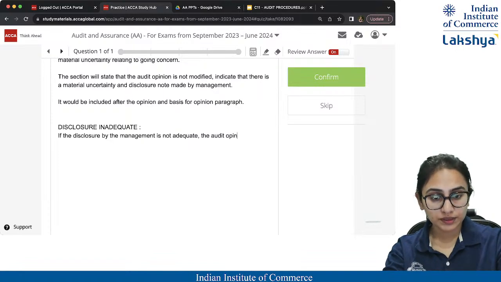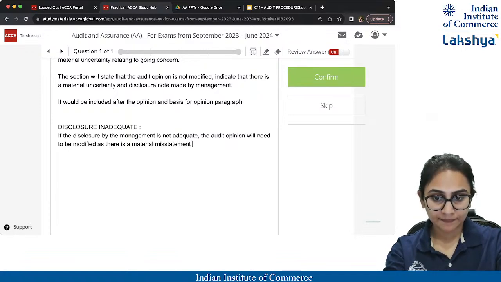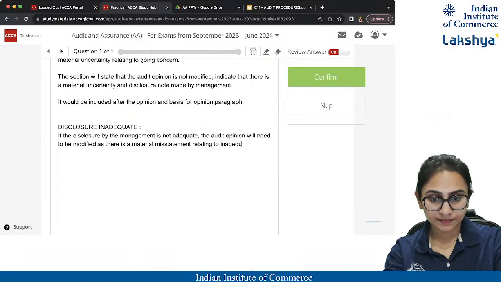Here the audit opinion will need to be modified as there is a material misstatement relating to inadequate disclosure.